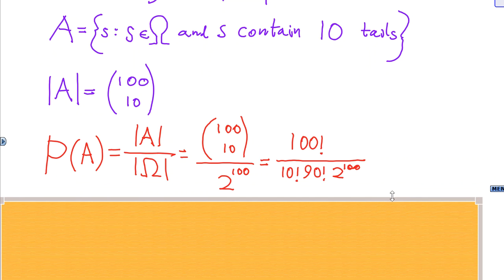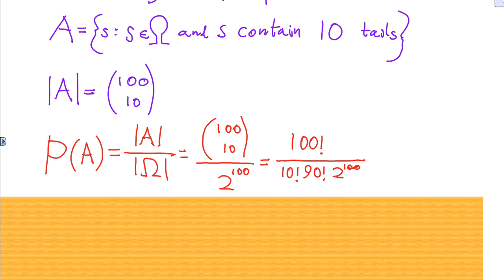the result is 100 choose 10 divided by 2 to the 100, and we can open up the definition of the combination function, and we get 100 factorial divided by 10 factorial times 90 factorial times 2 to the 100. We can actually put that into the computer and calculate it.